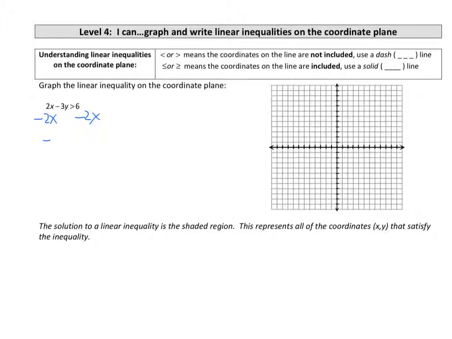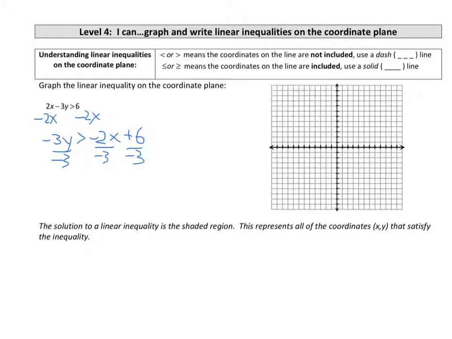And we get negative 3y is greater than negative 2x plus 6. Next, to get y by itself, you would have to divide both sides by negative 3. So we divide by negative 3 everywhere.